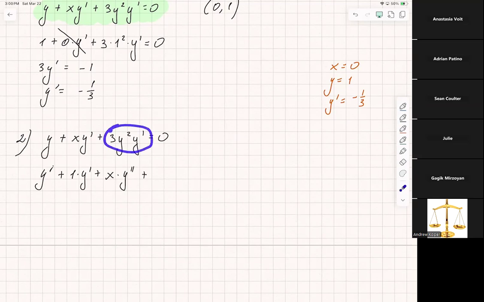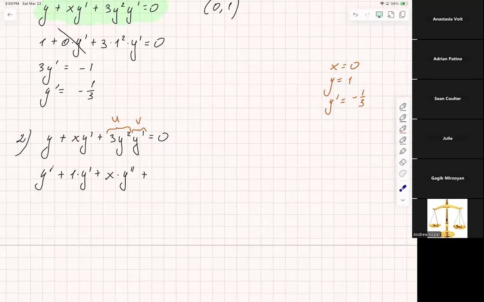Now here, again, we use the product rule. So this is my u expression, and this is my v. You need to treat y and y prime as two different variables, because they're different. For example, at x equals 0, your y is 1, but your y prime is negative 1/3. So don't treat them as just one variable.